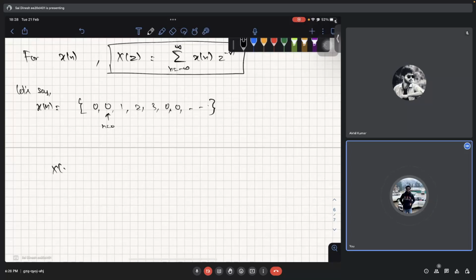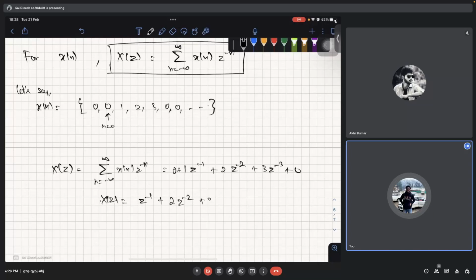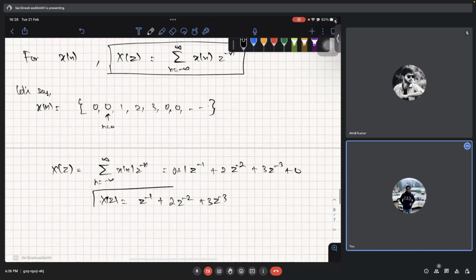So for this, the X of z will be equal to 1 into z power minus 1 plus 2 into z power minus 2 plus 3 into z power minus 3 plus 0 0. Therefore X of z is z inverse plus 2 z power minus 2 plus 3 z power minus 3, which is the z transform.